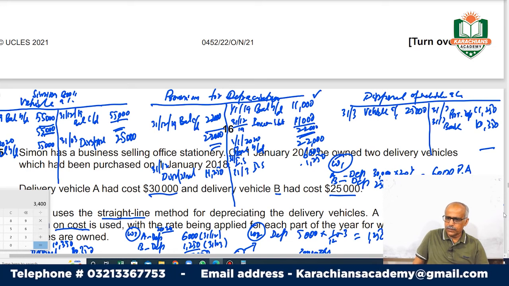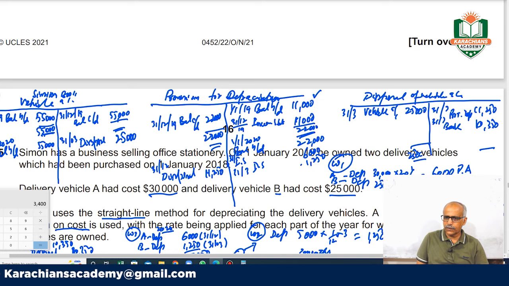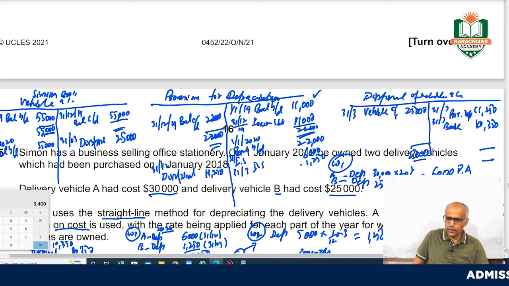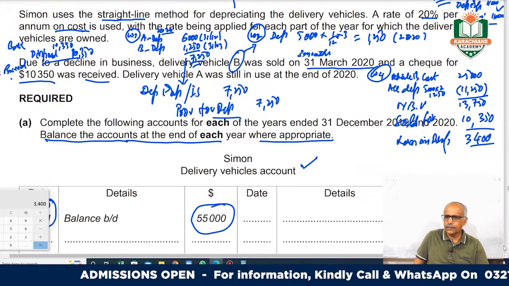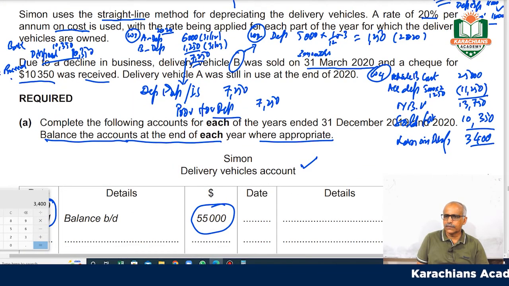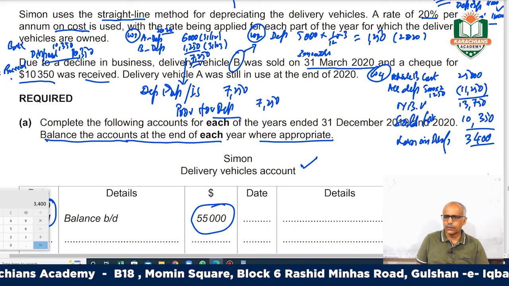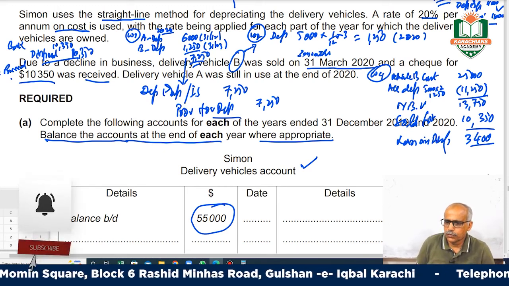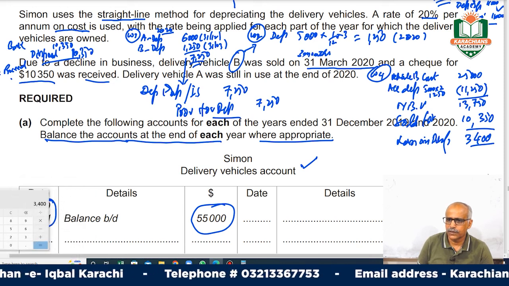How much is the balance? You can see this is 25,000 and you already know the total depreciation is 11,250, so the balance is 13,750. So your loss on disposal is this much, right?